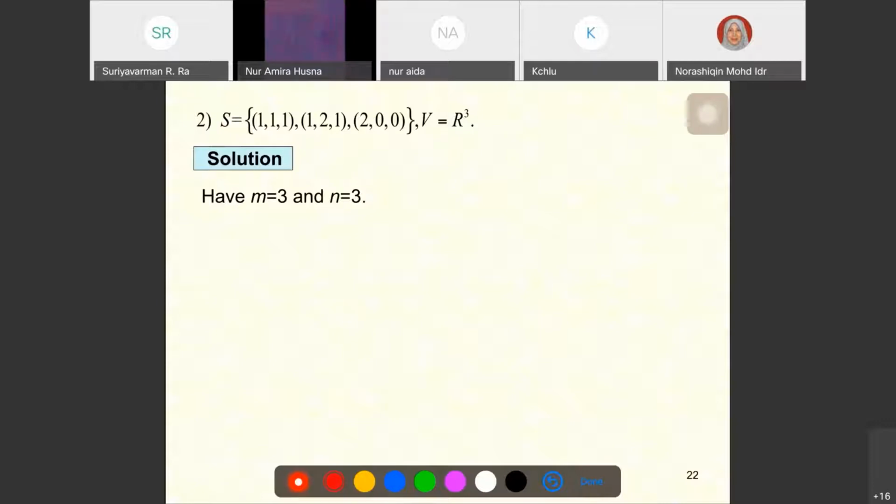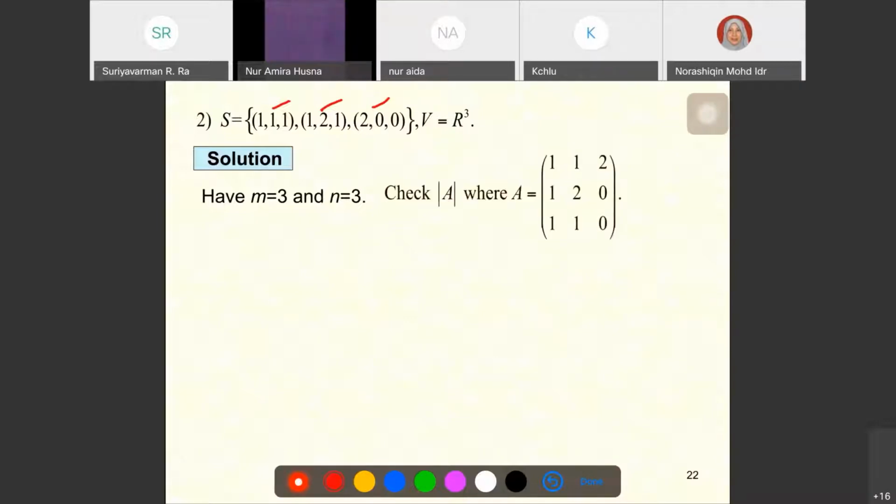But remember in the theorem, I made a circle on the columns, columns of vectors U1, U2, and so on until the end. So it should be 1, 1, 2, then 1, 2, 0, then 1, 1, 1. Is it? Yes, that's right.